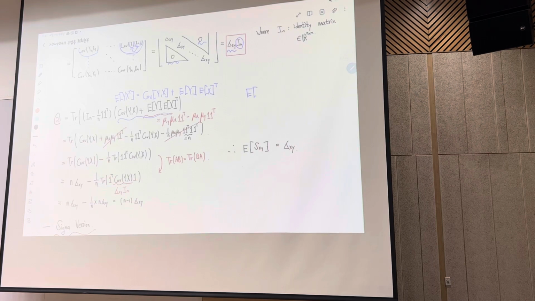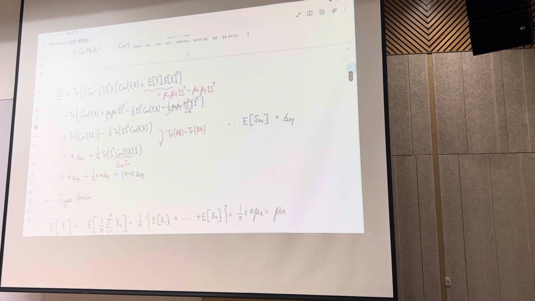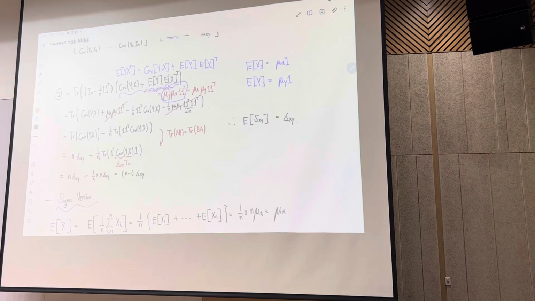Then expectation of x is equal to mu_x times the 1 vector and expectation of y is equal to mu_y times 1. Then this term can be written like this, and mu_y and mu_x are scalar terms, so they can be switched. Then just separate.